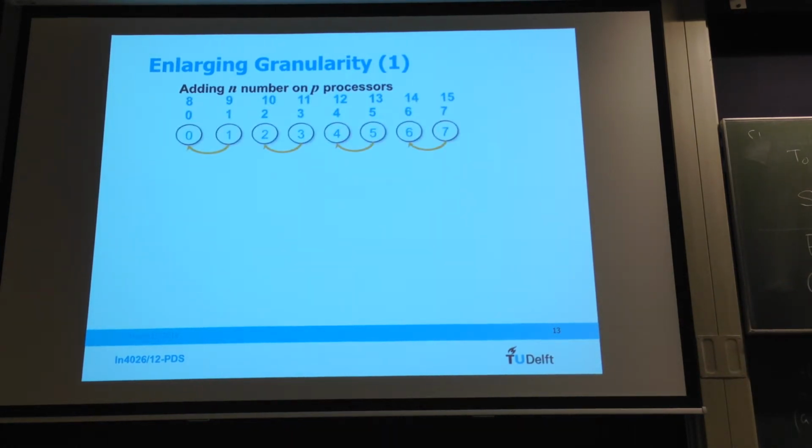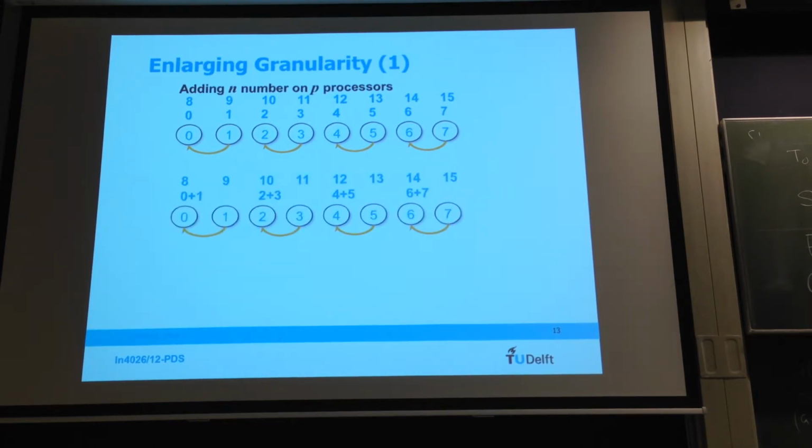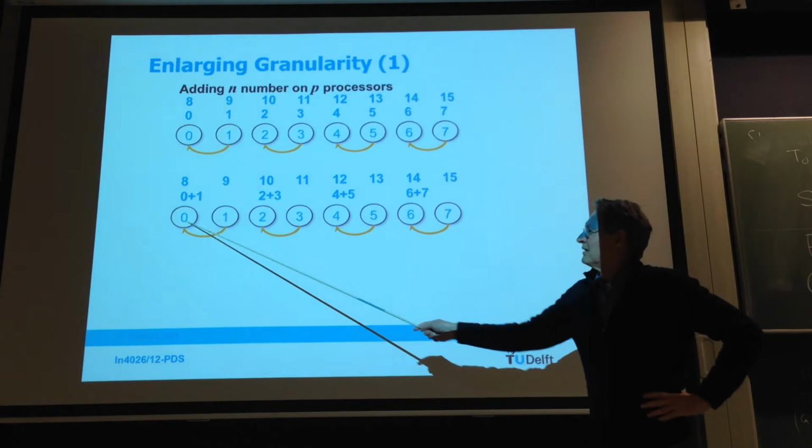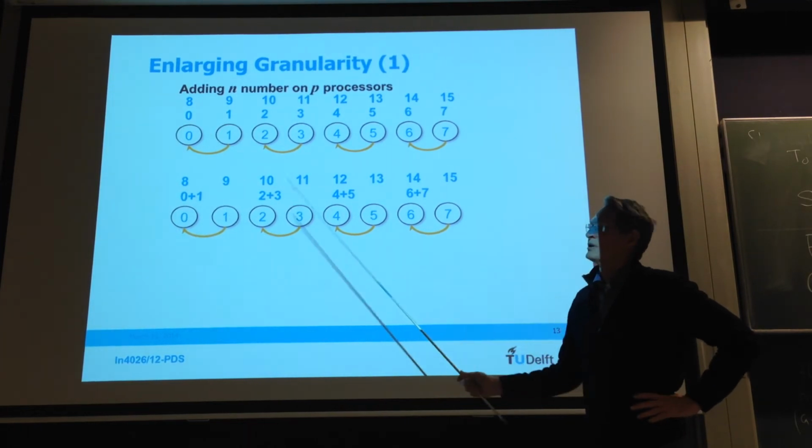And let us assume that we have a simple model again where each processor not only contains 1 number but 2 numbers, and derive what the computation time is in that case. Well, what we do is we first transfer the first number and then add it.